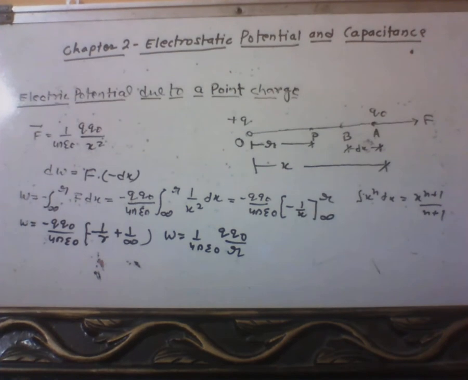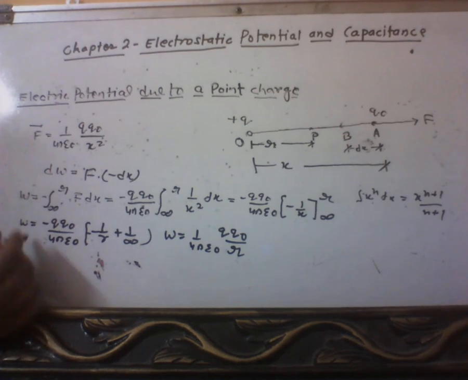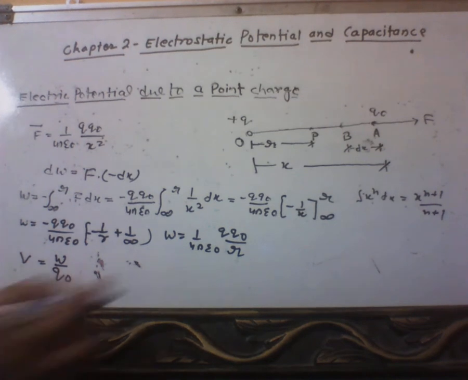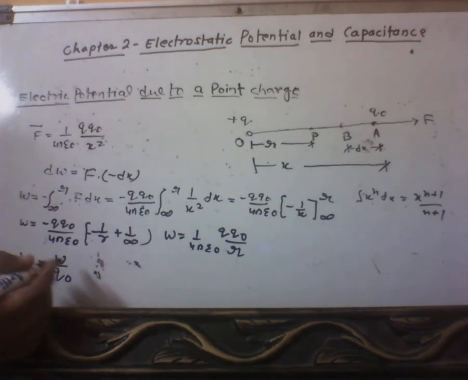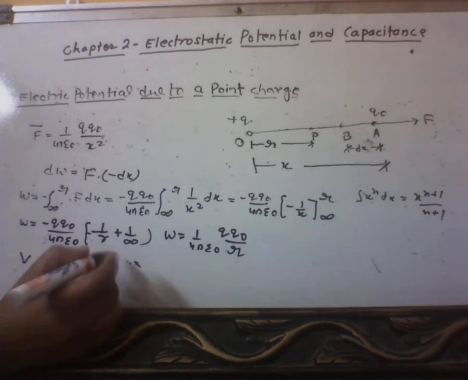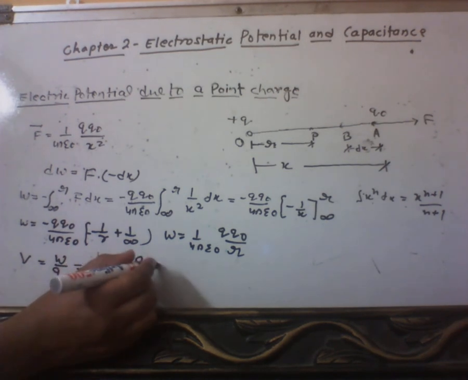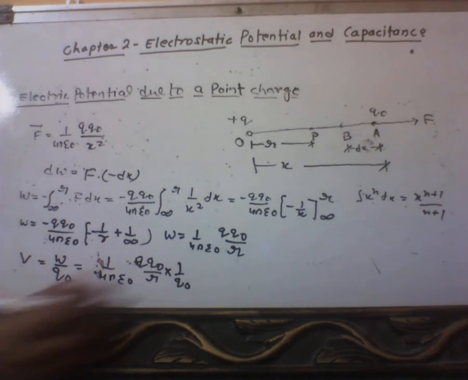Now we want to calculate the potential at point P, for which we have the formula V equals W upon Q naught. On substituting the value of W, we get 1 upon 4 pi epsilon naught Q Q naught upon r into 1 upon Q naught.